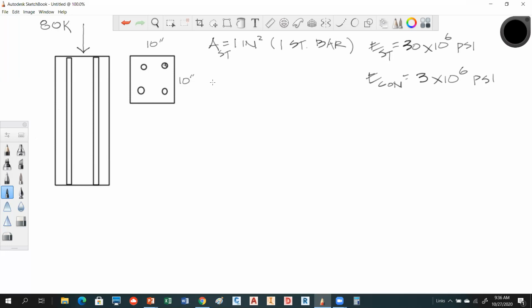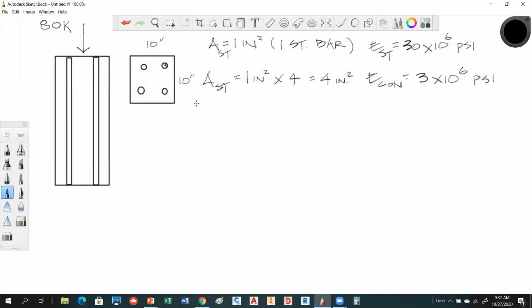So let's tackle the areas first. We know that we have 4 bars. So the total area of the steel is going to be equal to 1 square inch times 4 bars, so the total area of that steel is 4 square inches, okay? You're told that this is 1 square inch, so we got 4, that's where I'm getting my total.